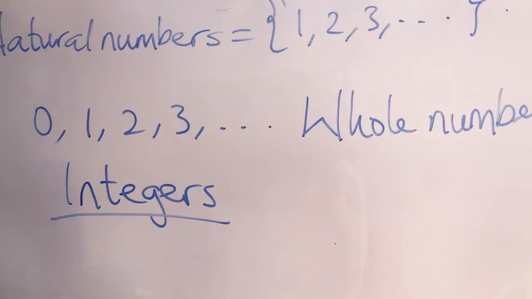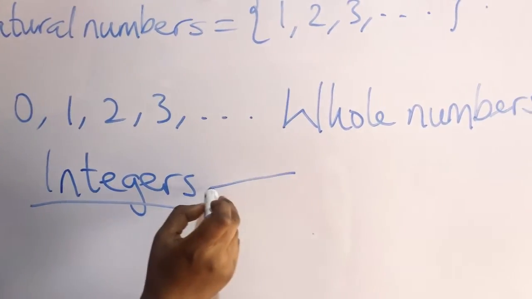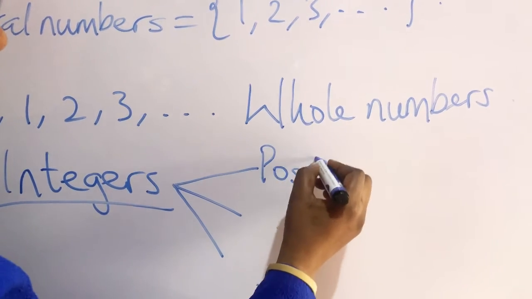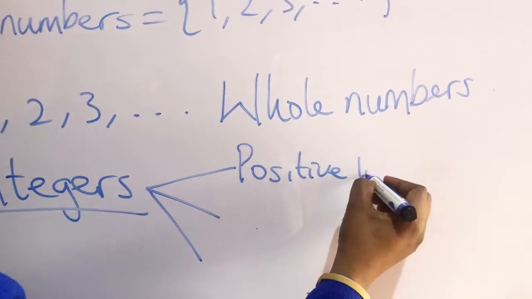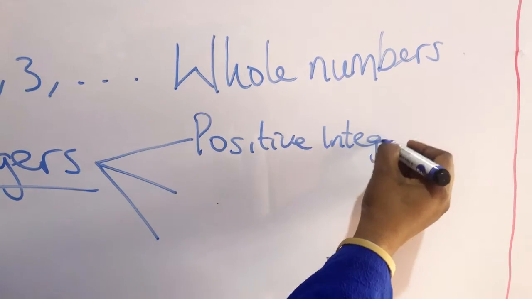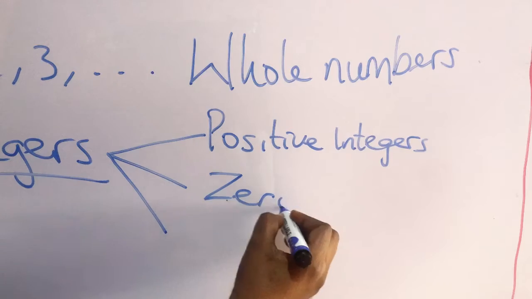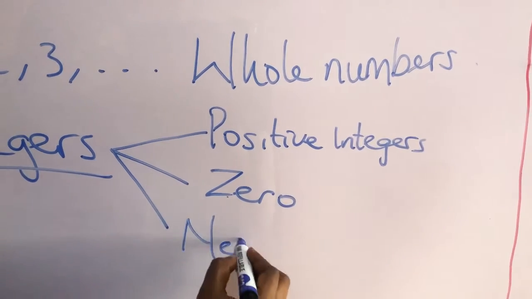These integers can be divided into 3 parts. We have positive integers, 0 and negative integers.